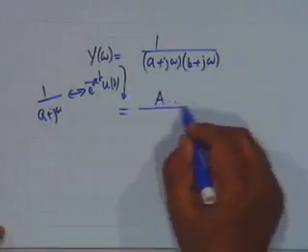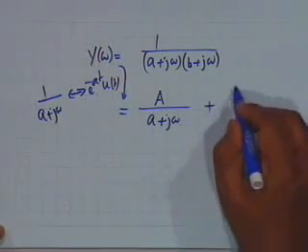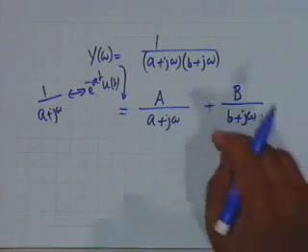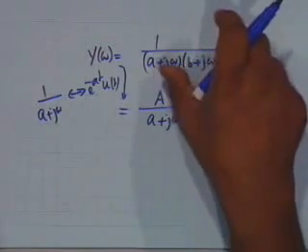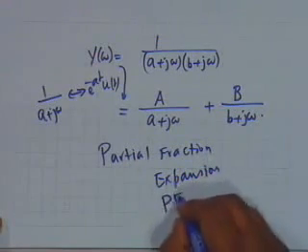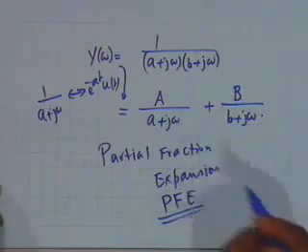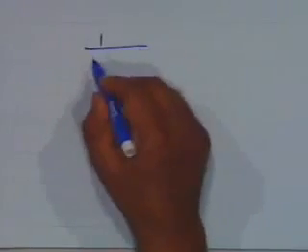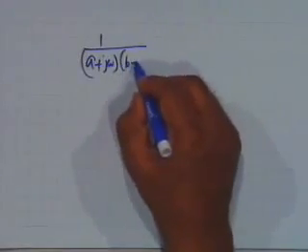That is, we write this as a constant A divided by a plus j omega plus some constant B divided by b plus j omega. And this procedure of breaking up a rational function into a sum of elementary rational functions is called partial fraction expansion, abbreviated as PFE. To find out the constants is very simple. We have 1 over a plus j omega, b plus j omega.